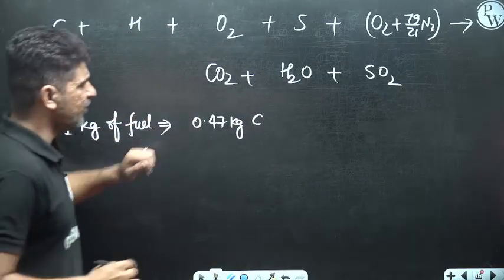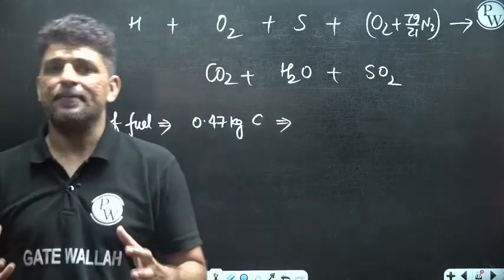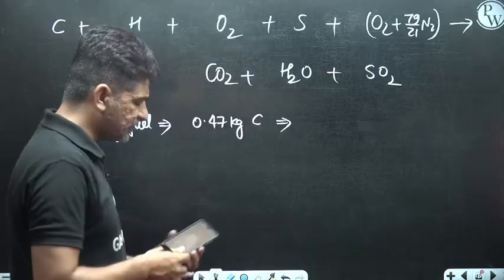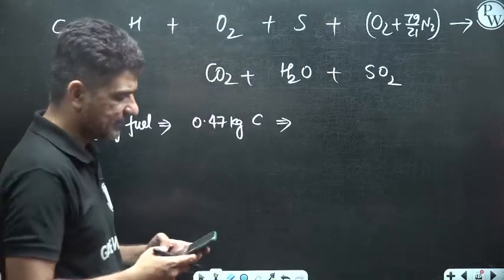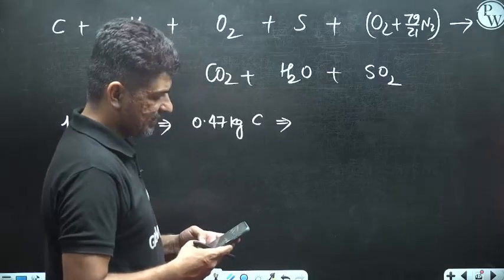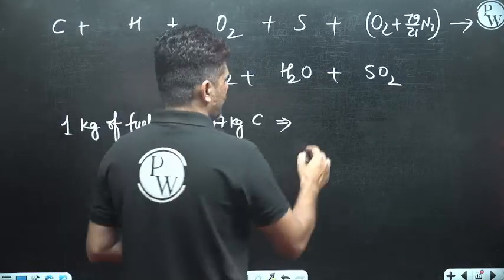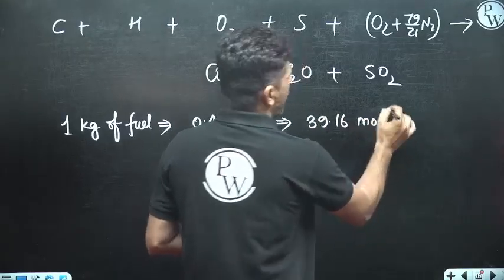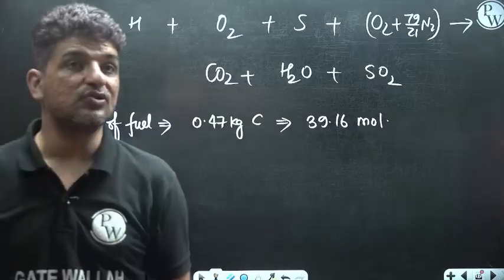So this would lead to how many moles of carbon? We will divide 0.47 by 12, that is 39.16 moles of carbon.